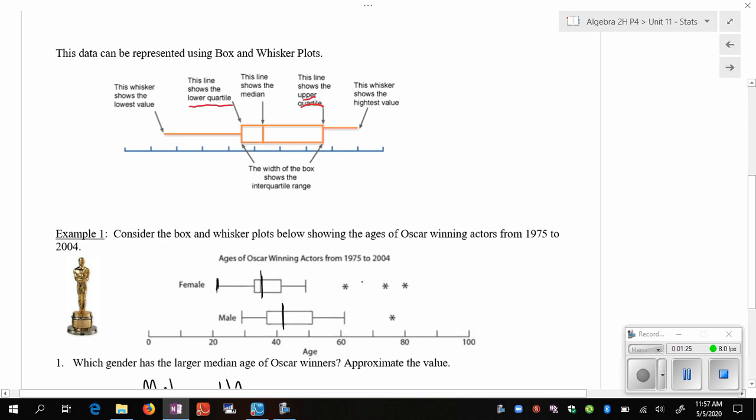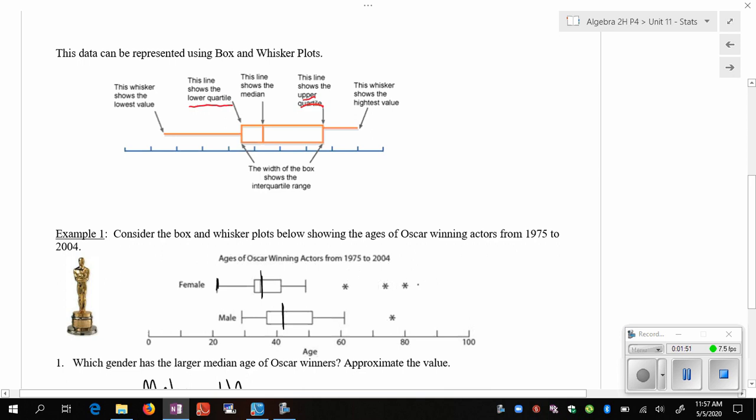So the majority of the Oscar winners for females were in the range of, I don't know, this looks like 21 here, up to about 49 or 50, whatever that is right there. But then there were 3 that fell outside that range, and they were so far away from the majority that we can put them in there as outliers.